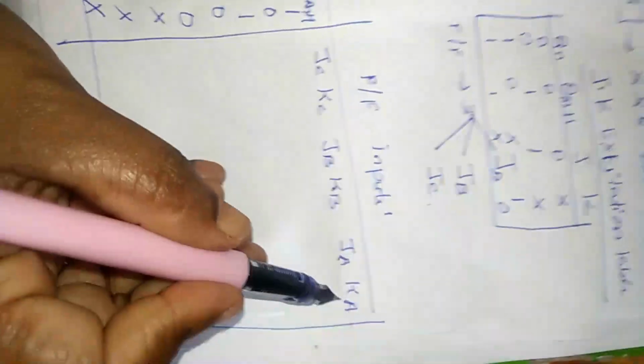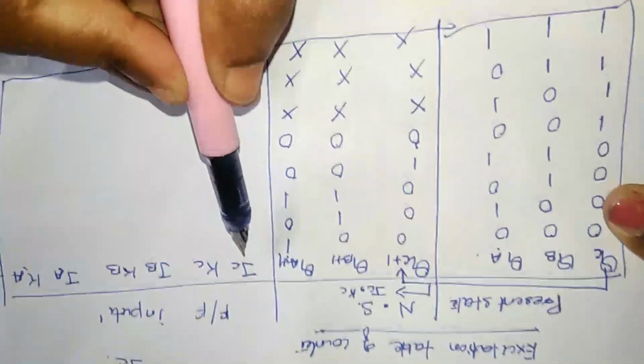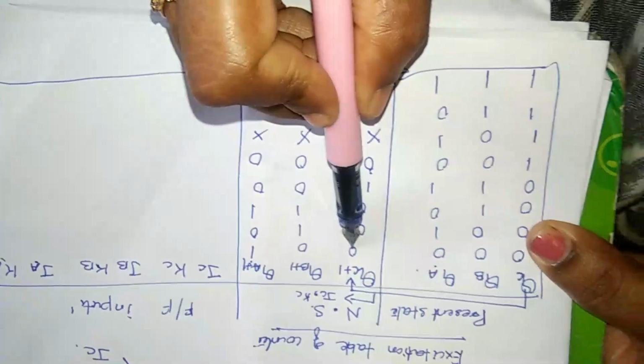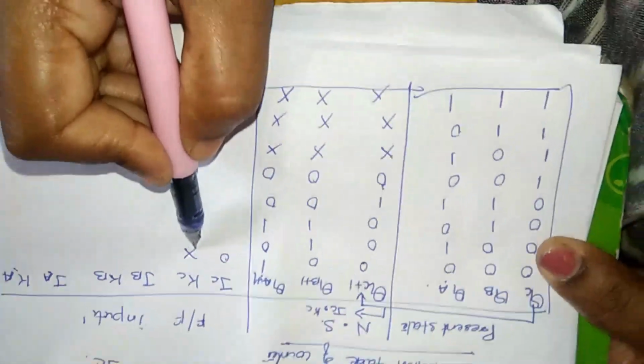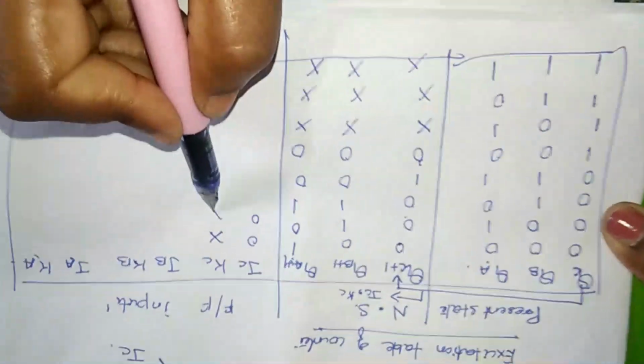Similarly, QA and QA plus 1 will give me JAKA. Okay, so you can keep your fingers across these two columns to fill up the table. So 0, 0 out of your excitation table of JK will give you 0x. Next, again 0, 0, 0x.